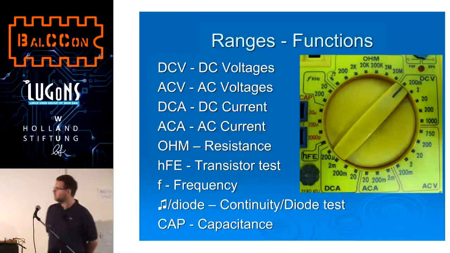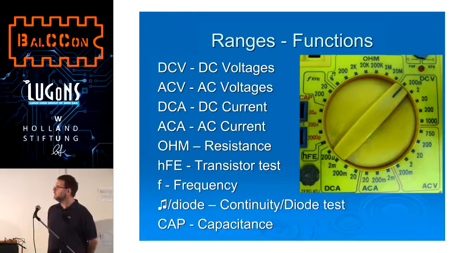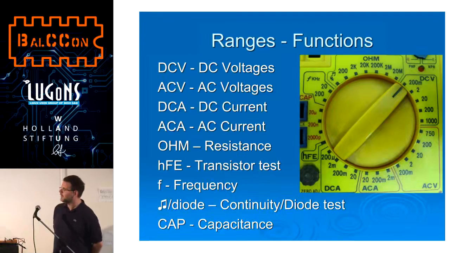So, these manual ranging multimeters have so-called ranges that you have to manually change. First, we have different functions on this dial.